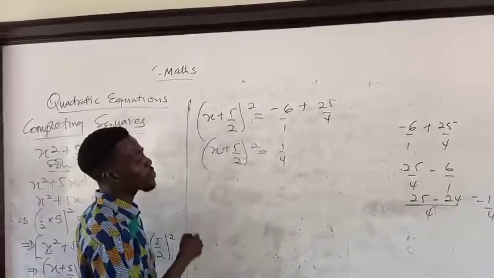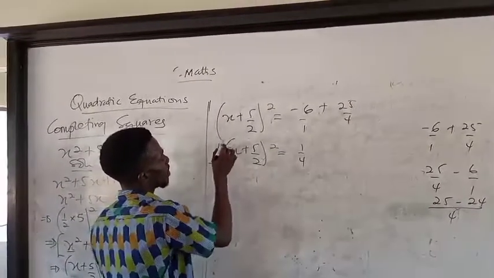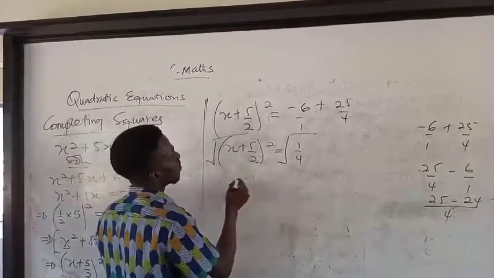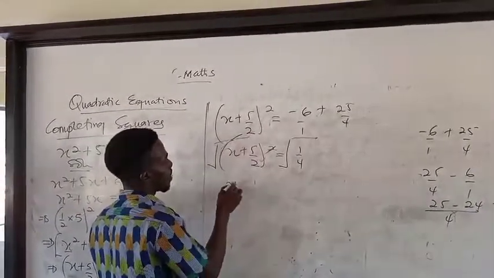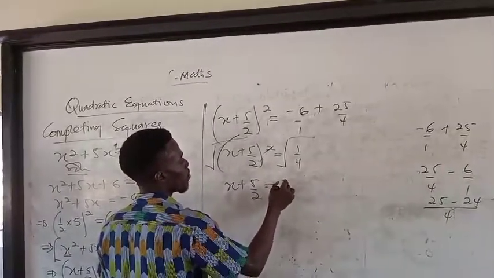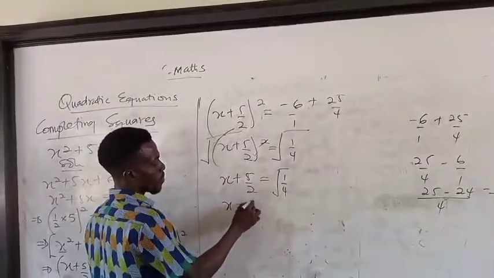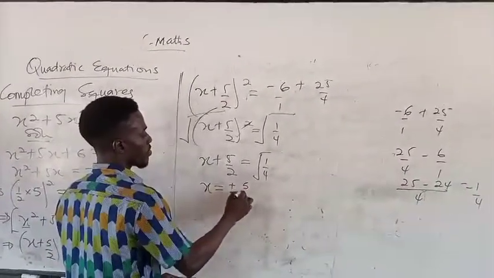Now what are we looking for? We are looking for x. So what you are going to do is square root both sides. This cancels that. We have x plus 5 over 2 is equal to root of 1 over 4.